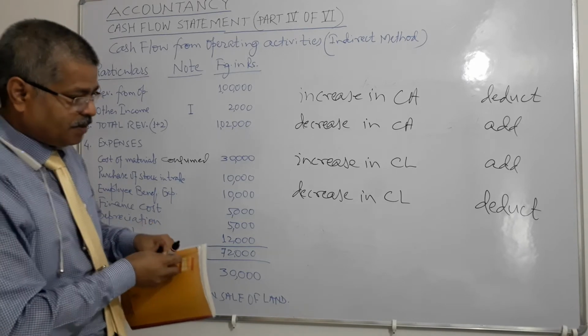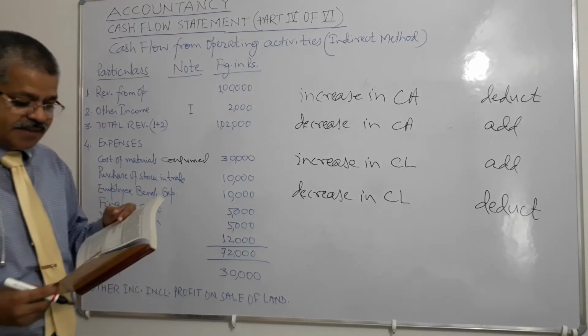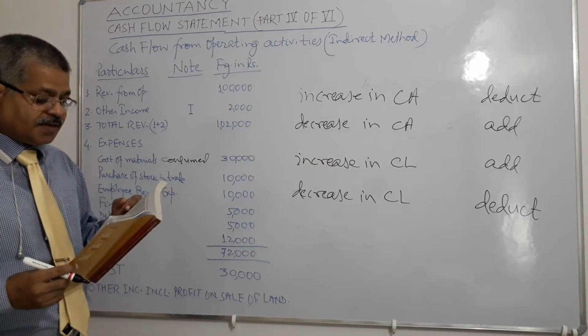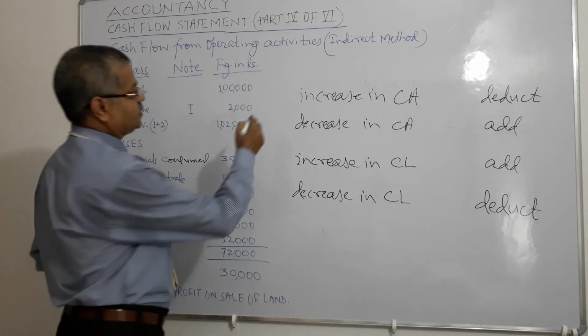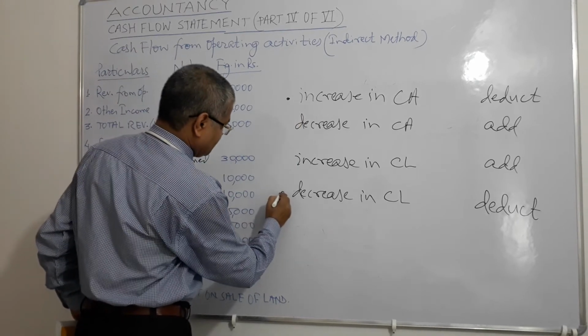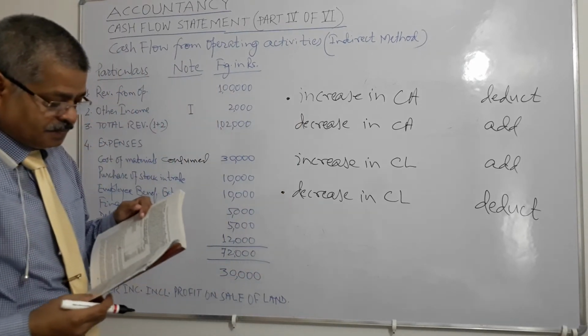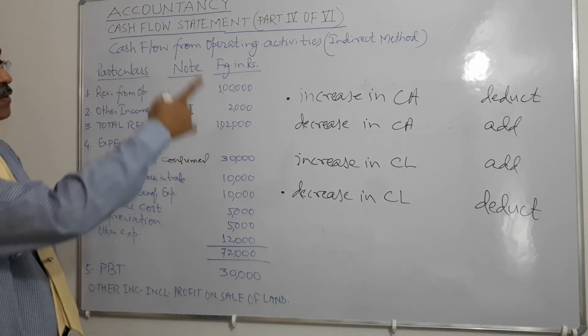So if you remember it like this, then it says: increase in current assets and decrease in current liabilities are deducted from the operating profit.